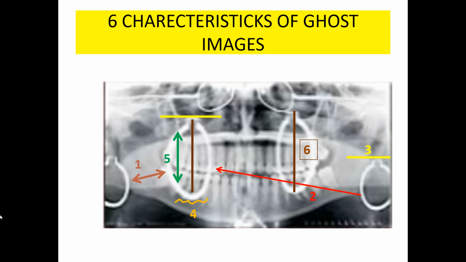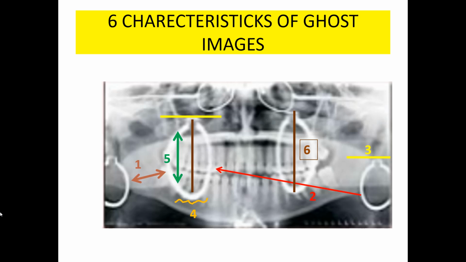Third, the image appears at a higher level as in OPG. Fourth, the image is more blurred than the original. Fifth, the vertical component is more blurred than the horizontal. See the same earrings. Last, the vertical component is always larger than its counterpart.